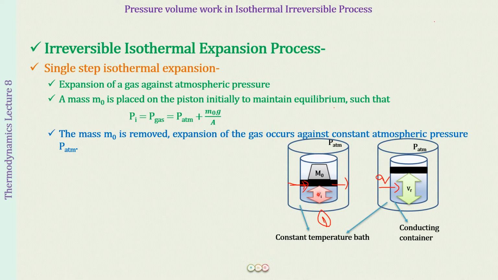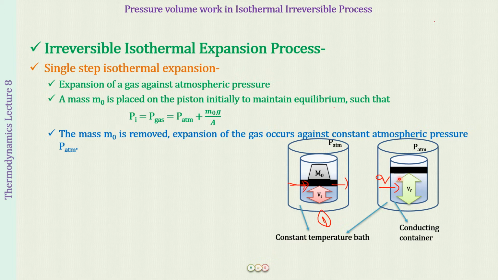So the pressure of the gas is going to be high. The pressure due to the atmosphere is the only pressure now left, because we have removed the whole mass which was lying on the piston. So there is going to be a large difference between the pressure of the gas and the atmospheric pressure, and the piston is going to quickly move up to this position.